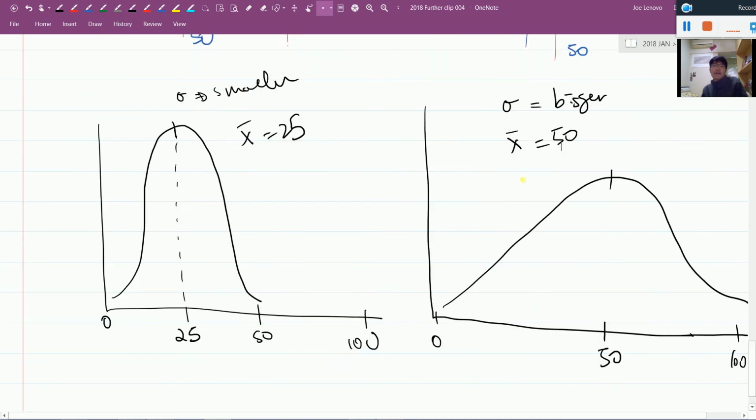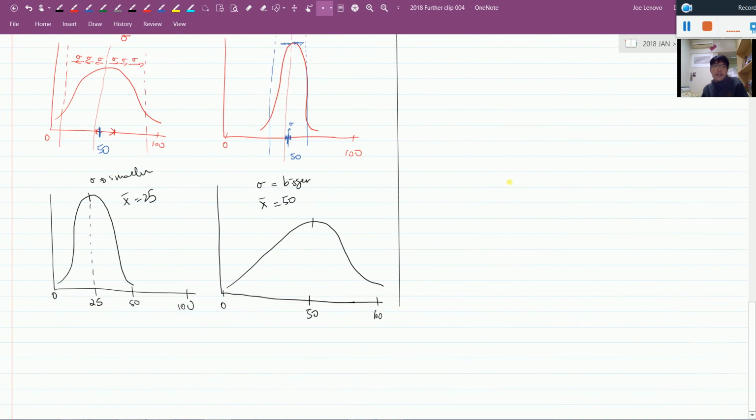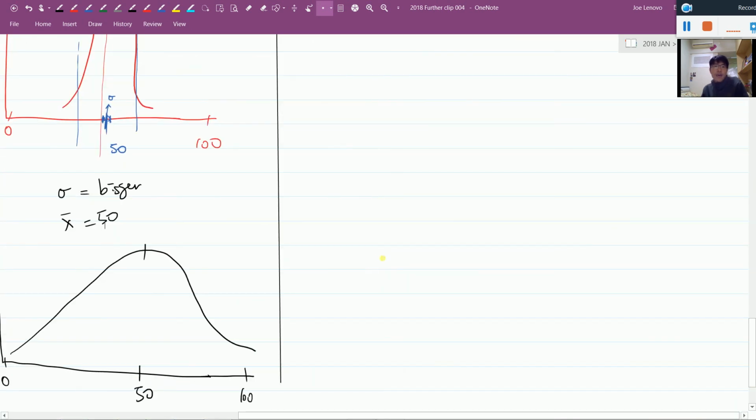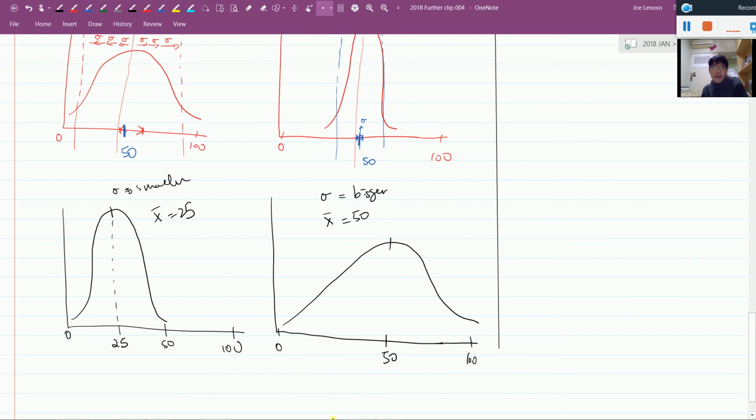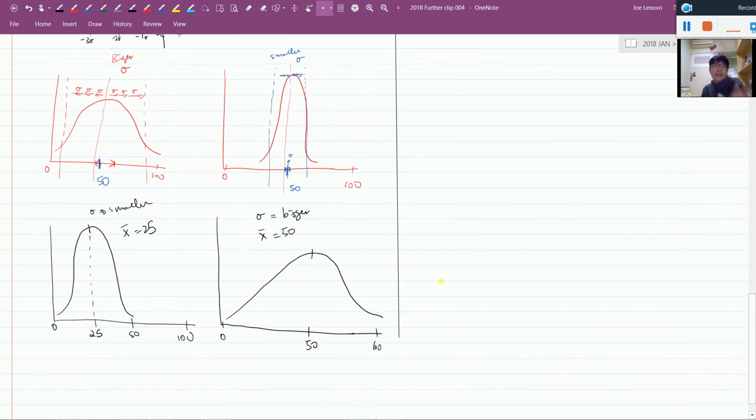So if you're looking at those 4 graphs, you can basically tell some graphs may have the same mean but different standard deviations. Some graphs may have the same standard deviation with a different mean. Some graphs would have a different mean and different standard deviation. And we need to be able to tell the differences and compare between them. Yes?